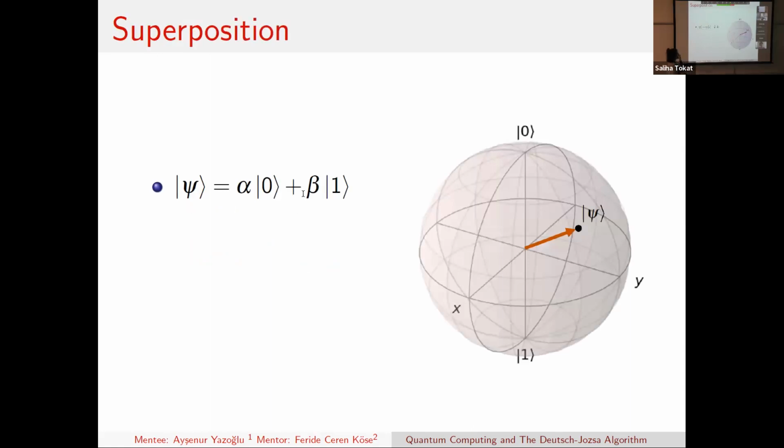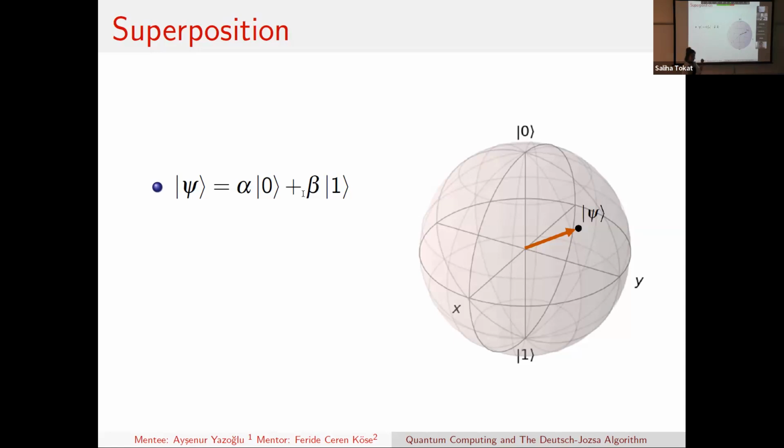So superposition, any qubit exists in linear combination of states called superpositions. This here is a general qubit, and you can see it here on the Bloch sphere. Oh, by the way, alpha and beta are complex numbers.